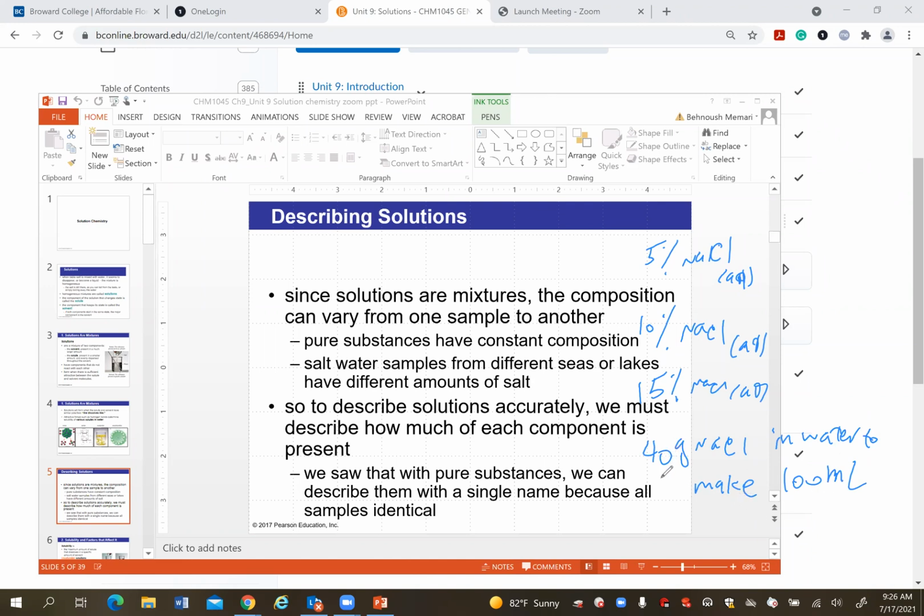What do you think will happen? We know that if you add 1 spoon of salt, it would dissolve. 2 spoons of salt, 3 spoons of salt, it would dissolve in a cup of water. What happens if you put 40 grams of salt in 100 milliliters of water? What do you think can happen? You think all of it would dissolve? Yes. What other information do you need?